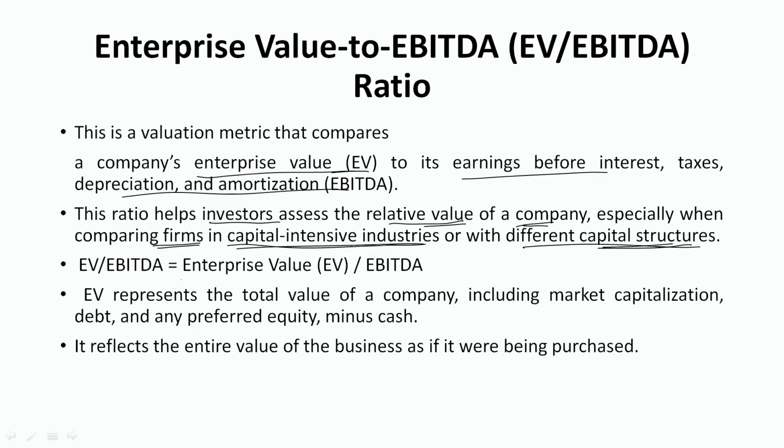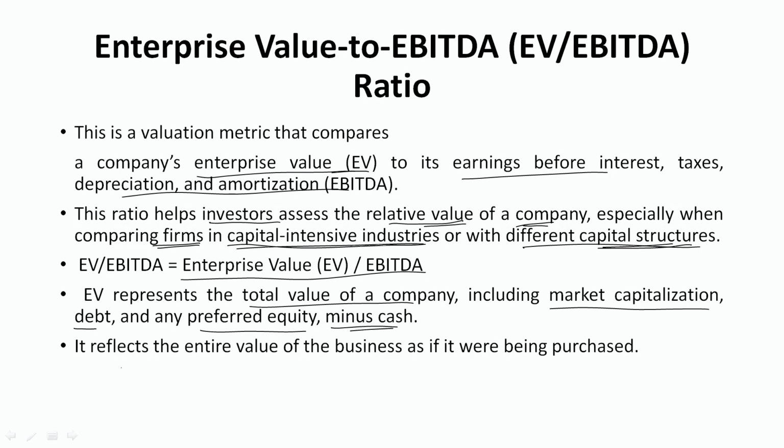So this is the formula, EV upon EBITDA. EV represents the total value of the firm. It includes market capitalization, it includes debt, and it also includes any preference share which is part of the shareholding of the company, less the cash.